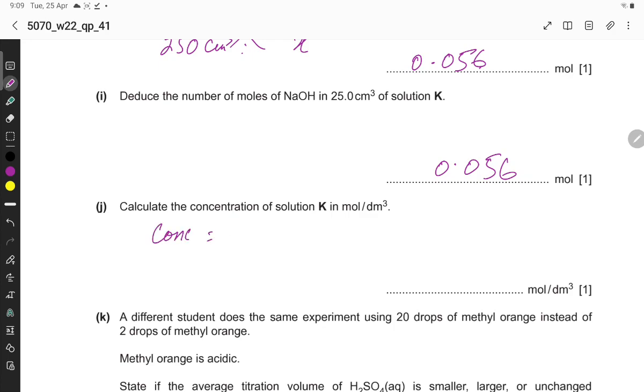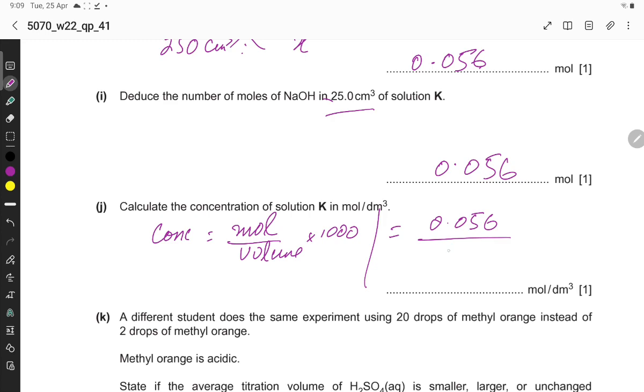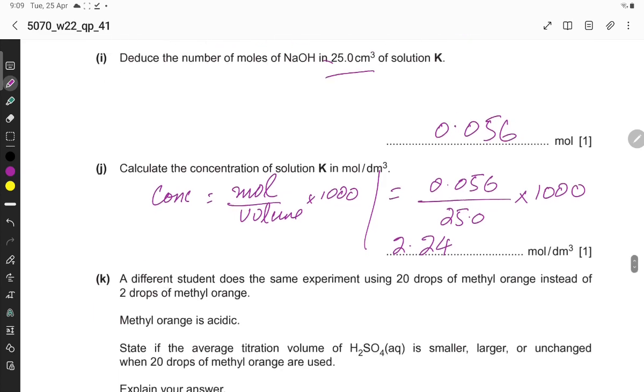Concentration is equal to mole over volume into 1000. So mole is 0.056 divided by volume 25 into 1000. So the answer is 2.24 mole per dm cube.